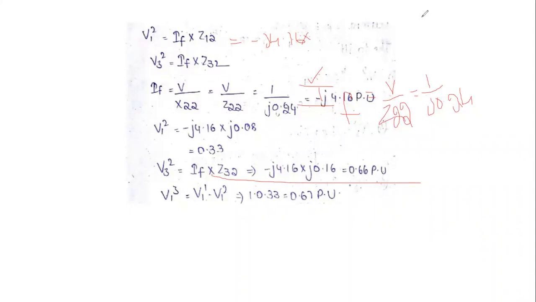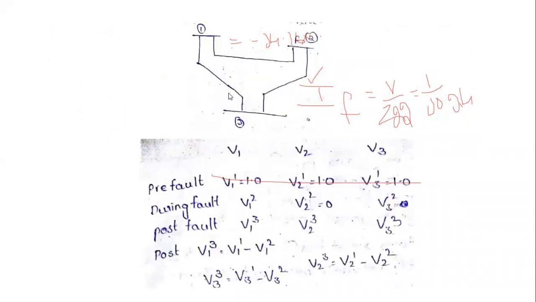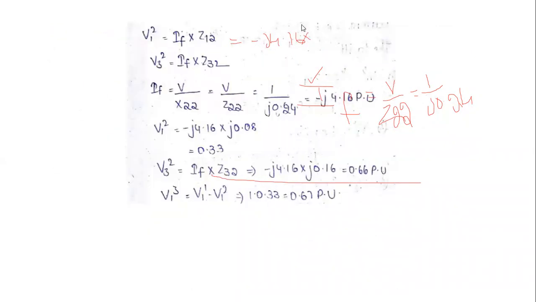What is the value of Z12? This is Z11 and this is Z12, that is j0.08. So minus j4.16 into j0.08. This is the voltage at bus 1 during the fault condition.